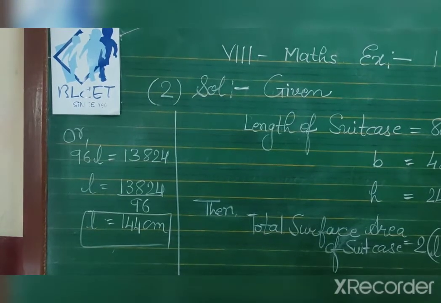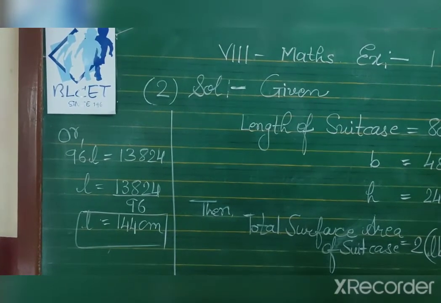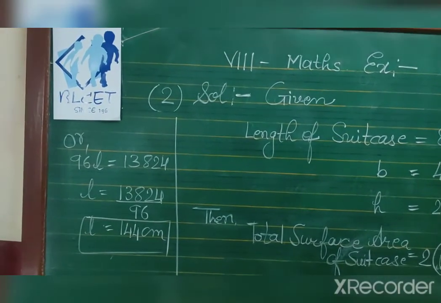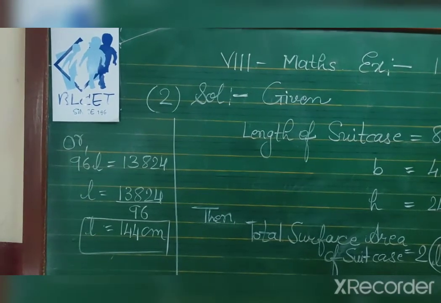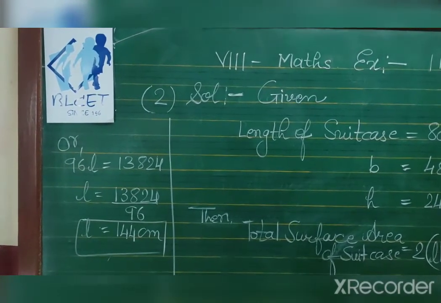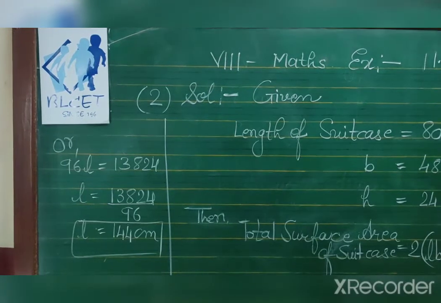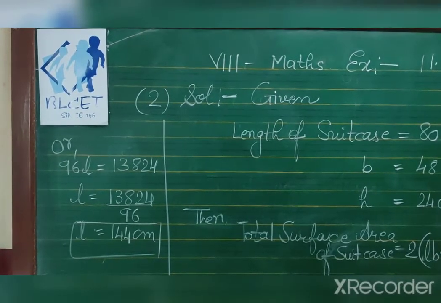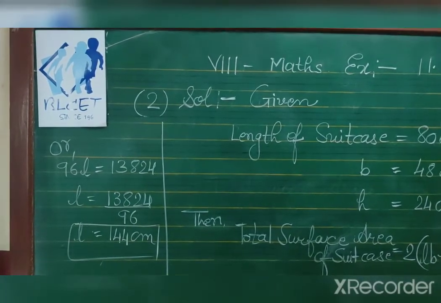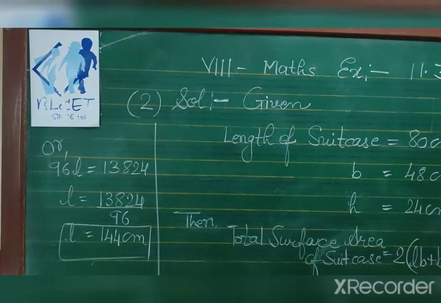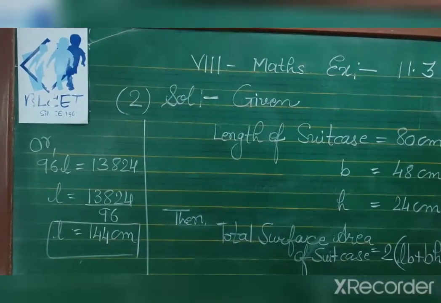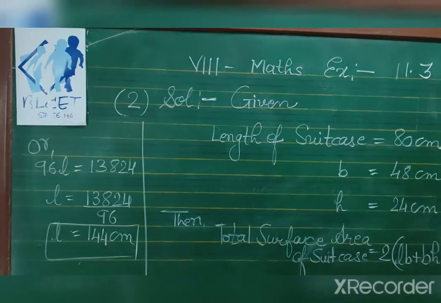Then you will change into meter. 100 centimeter is equal to 1 meter, so 14,400 centimeter divided by 100 is 144 meter. So 144 meter of cloth we need to cover 100 such suitcases.